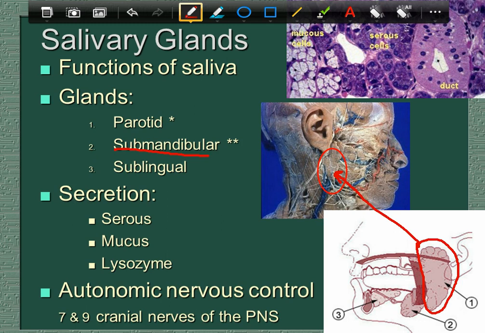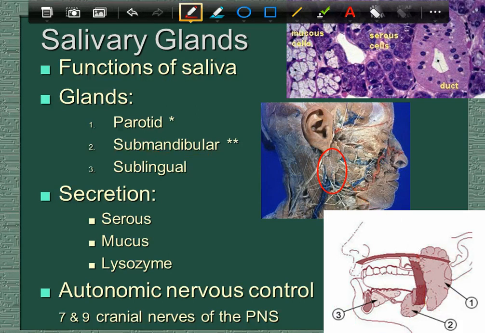That's the one that makes the most saliva, and he is that boy right there under the mandible. Both the submandibular and the sublingual, they have ducts, and the sublingual has a bunch of little ducts on the underside of the tongue.